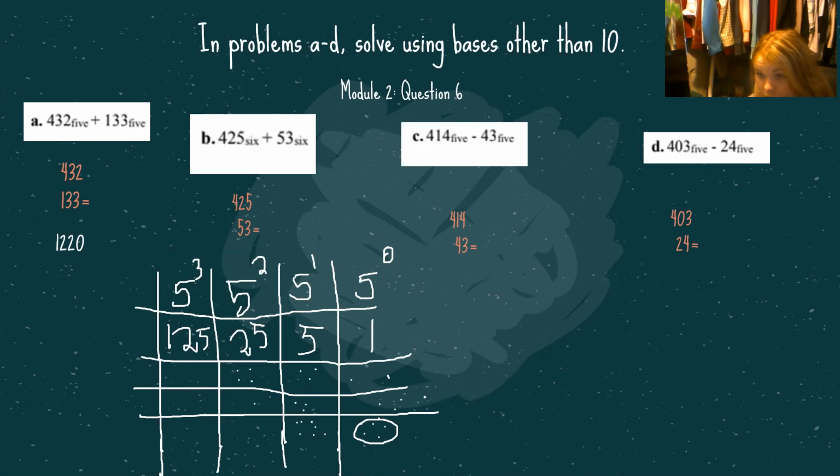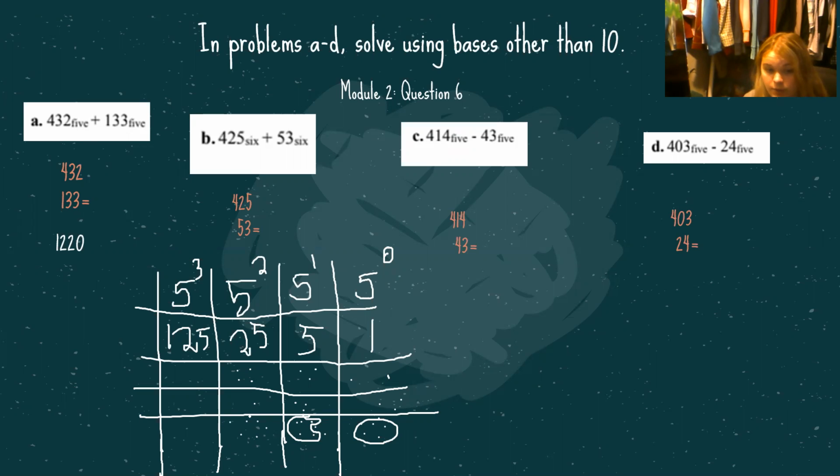And again, we're going to have to trade our 5 in. So we're going to group our 5 since we're in base 5. A little wonky, but we're going to include that 5 in there. So add a dot to the next one. We have 1, 2, 3, 4, 5.